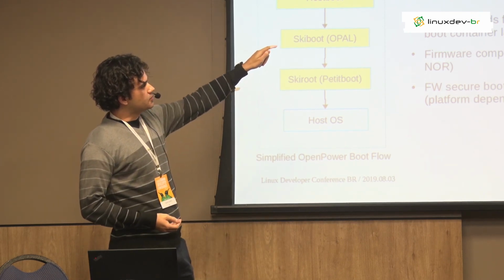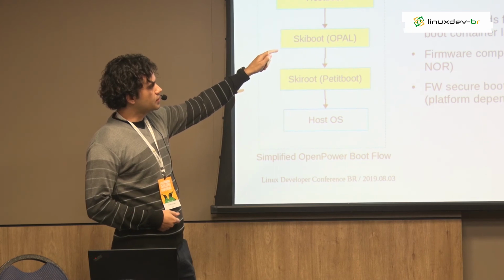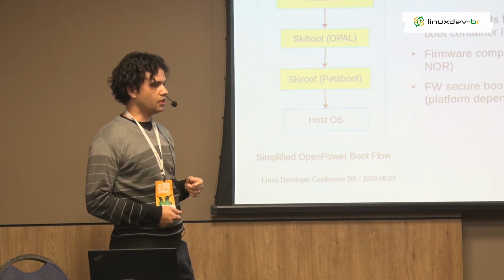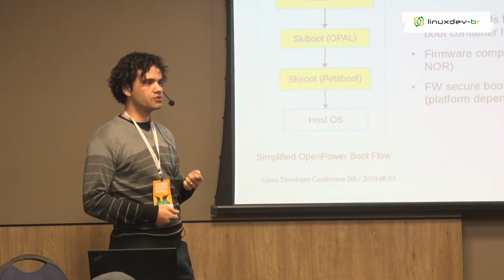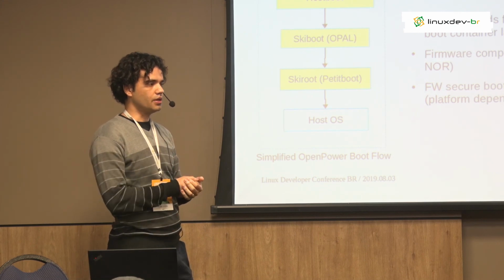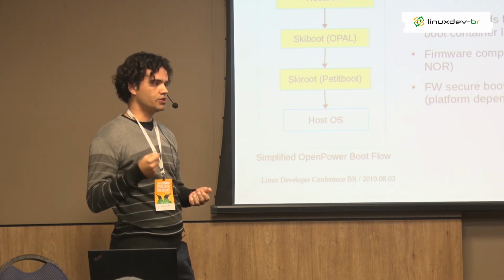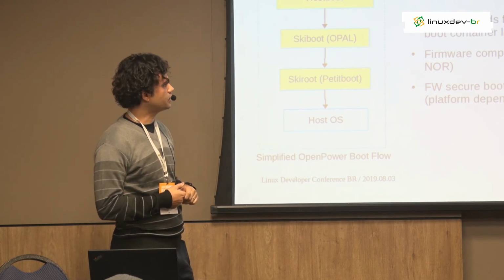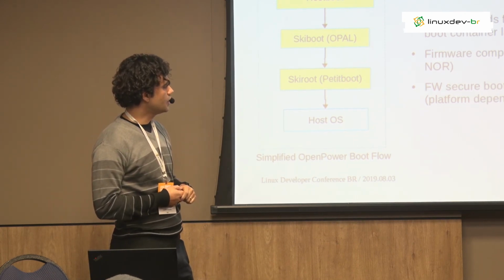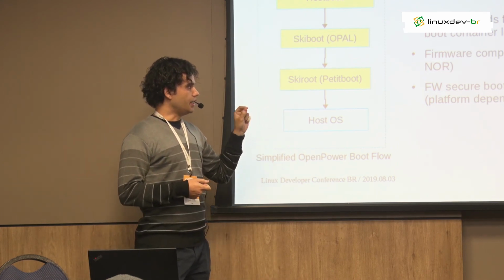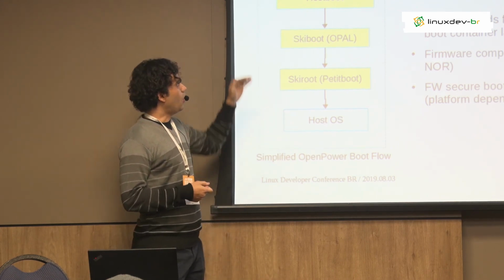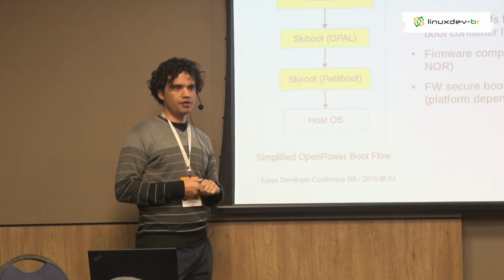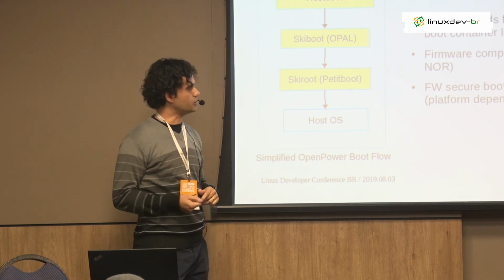The hardware key that we trust is set in manufacturing. So when you buy a system, in manufacturing, we set what the key is and flash it in a secure memory, in a protected memory. And once we enable secure boot, all the firmware components will be verified before execution.